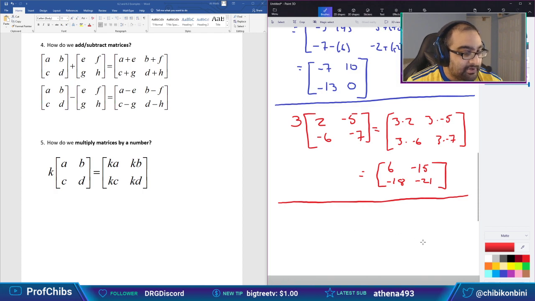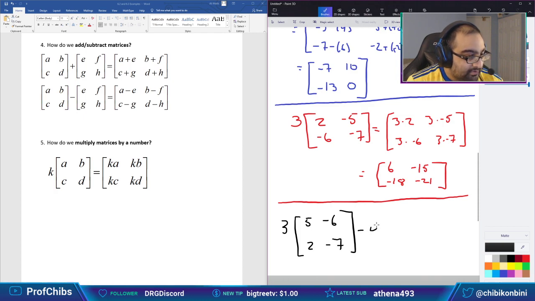Alright, so here's a combo example. Let's say we had 3 times the matrix 5, -6, 2, and -7. Let's say we subtracted that from 4 times the matrix -2, -8, 1, and 5. They'll give you 2 matrices, A and B, and define them, so they could call this matrix A and this one matrix B. It doesn't matter.